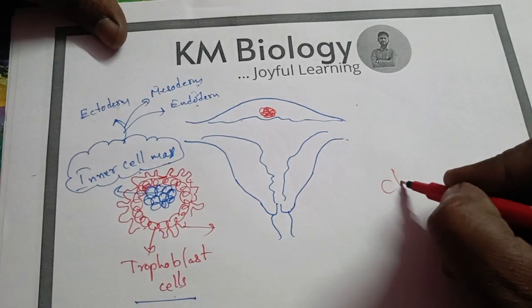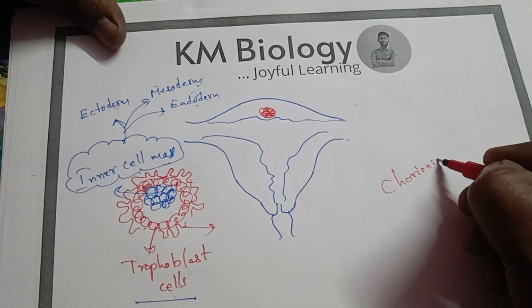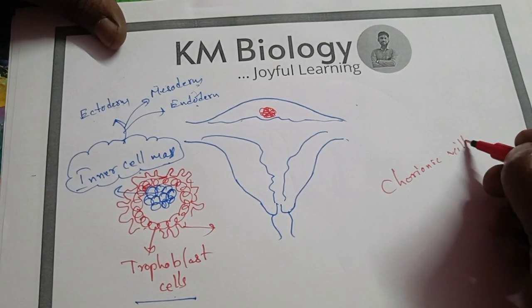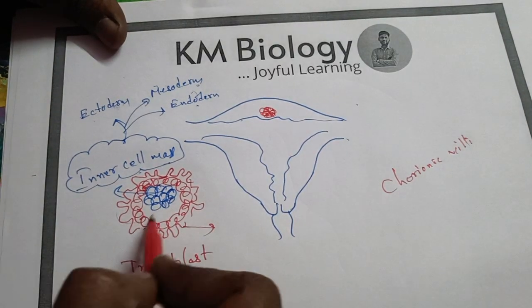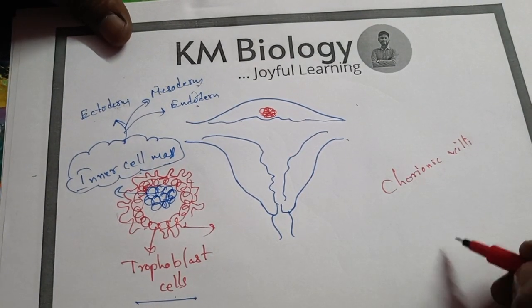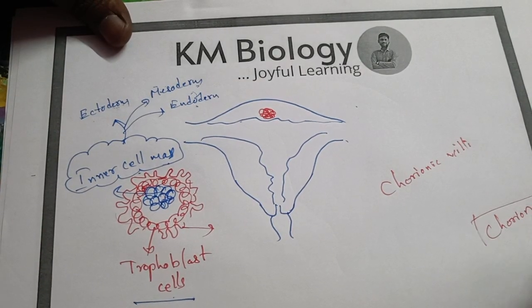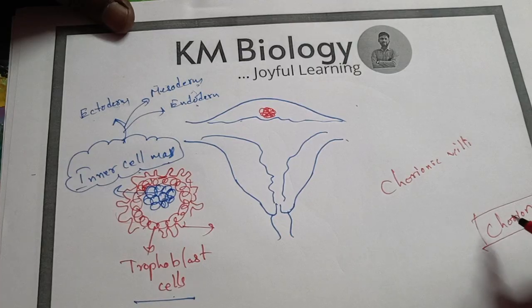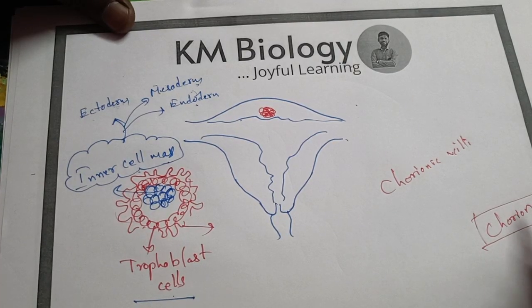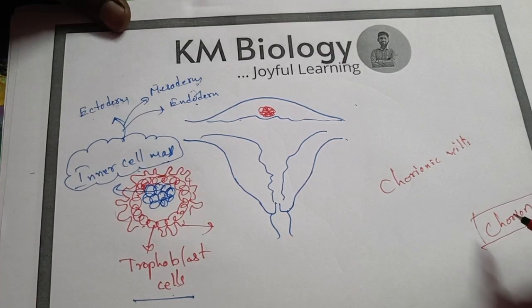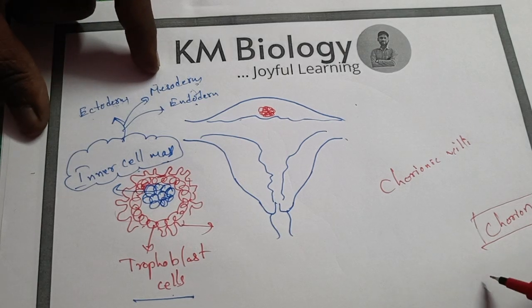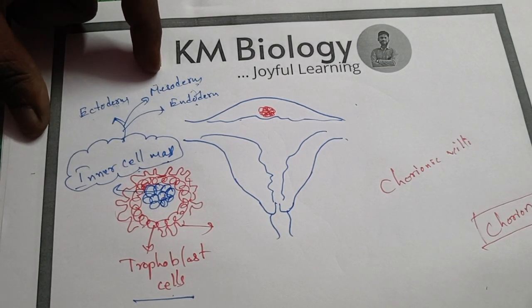What do you say? Chorionic villi. And now the structure is called chorion. It is one of the extra embryonic membranes of the embryo, which is developed from the trophoblast cell. Right.